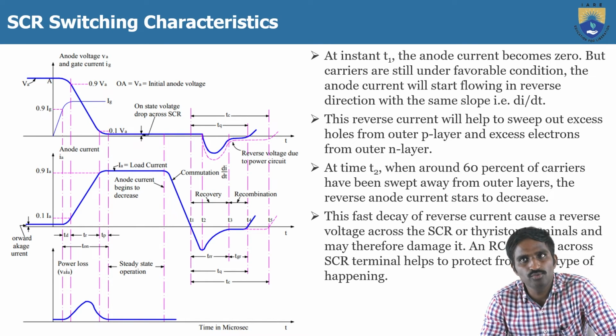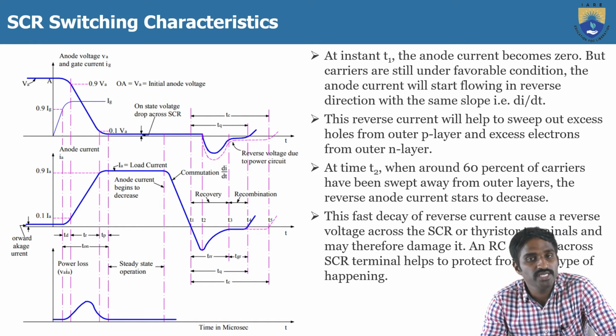Then at time T2, some amount of the carriers have been swept away from the outer layer, and the reverse anode current starts to decrease. This fast decrease of the reverse current causes a reverse voltage across the SCR terminals, and may therefore damage it.